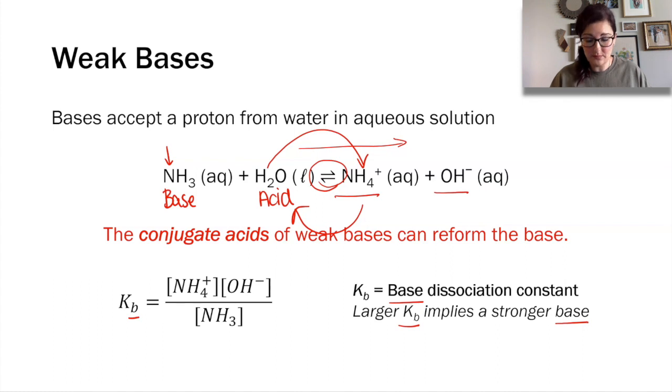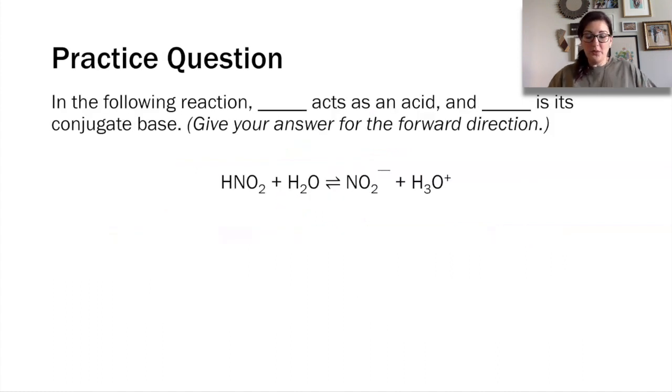Okay? All right. So really quickly, let's take a look at this reaction. We're going to wrap up here in a second. What is the acid in this reaction, and what is the conjugate base? See if you can fill in those blanks.